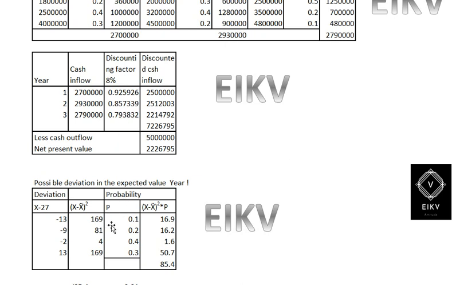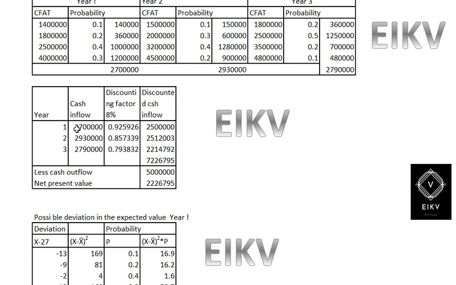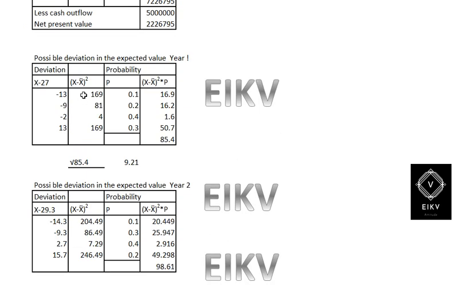The x factors will be 14 lakh, 18 lakh, 25 lakh and 40 lakh. So x minus x bar will be 14 lakh minus 27 lakh, 18 lakh minus 27 lakh, and 25 lakh minus 27 lakh. So we'll get the figures as negative 13, negative 9, negative 2, and 13.